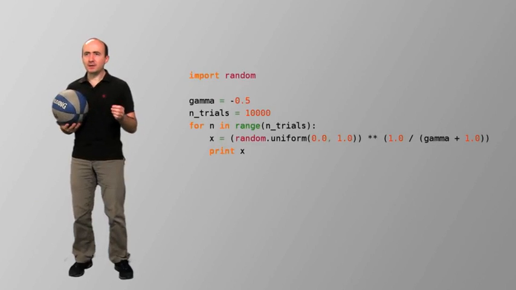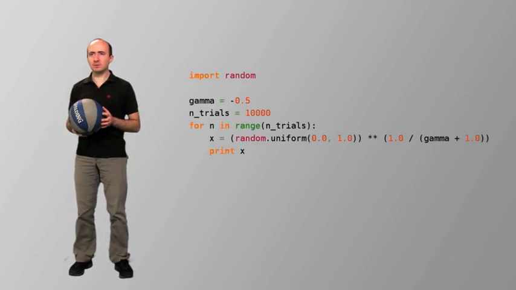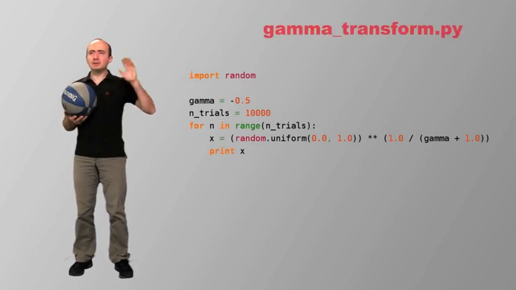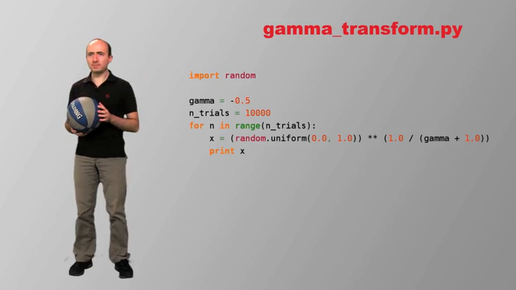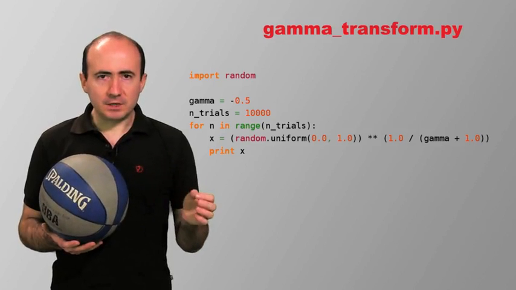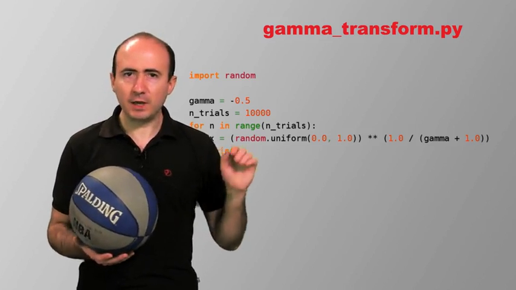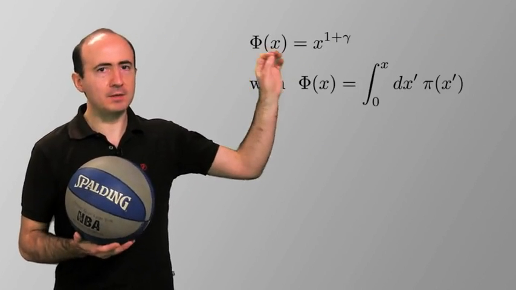Let us now apply the sample transformation to sample this distribution. This is what we use in the following program. With the proper normalization, the function phi of x can be computed, and it is equal to x to the power gamma plus 1.